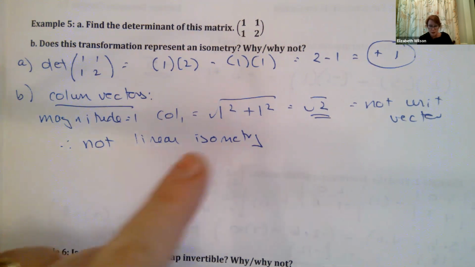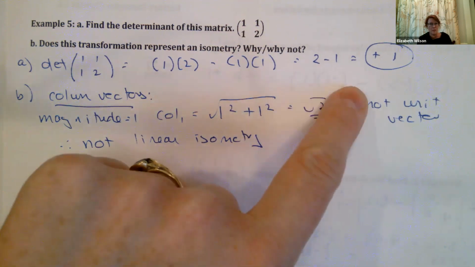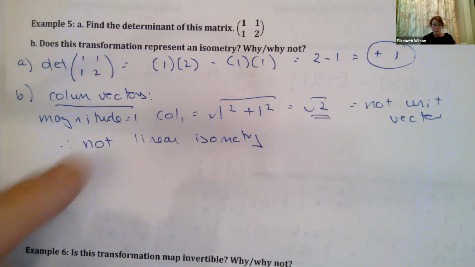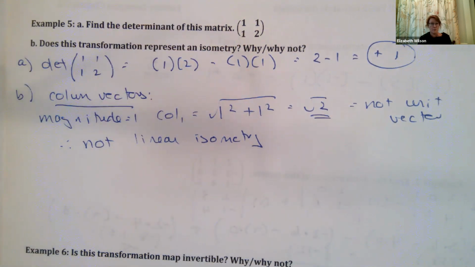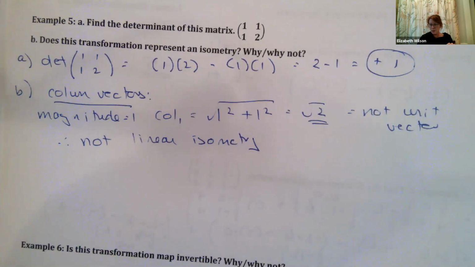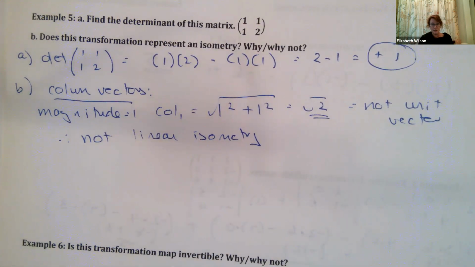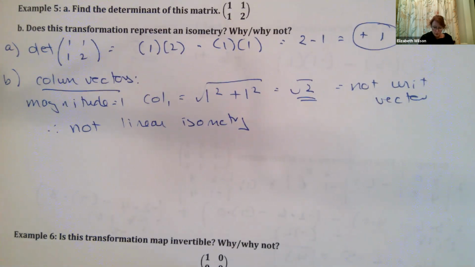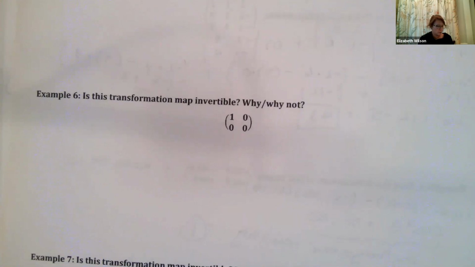If that's not true but the determinant happens to equal 1, what that means is I can find an inverse to this matrix, and since it's positive, it's going to preserve the handedness. All right, so let's check: is this transformation map invertible?